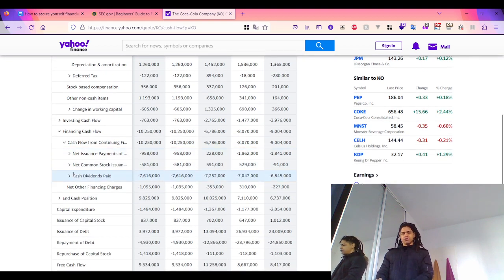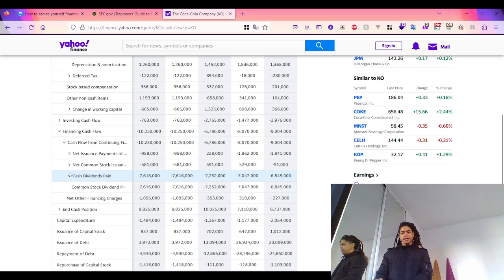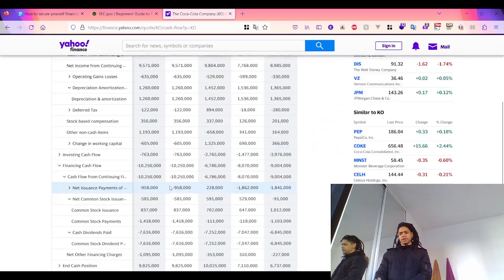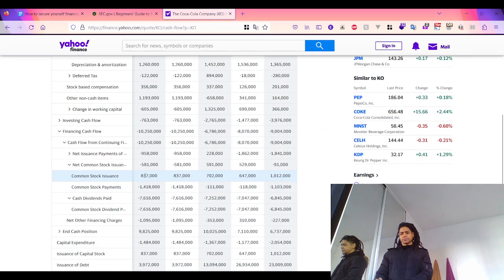So for example, here you have things like cash dividend paid, common stock issuance, meaning that if a company relies solely on issuing stocks, that might not be a good sign of investment.